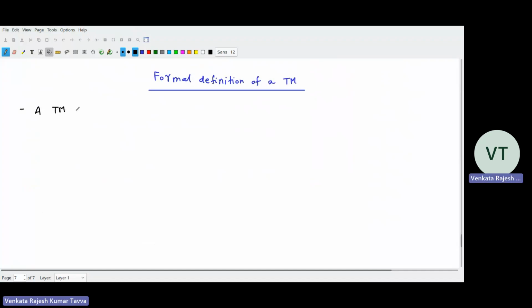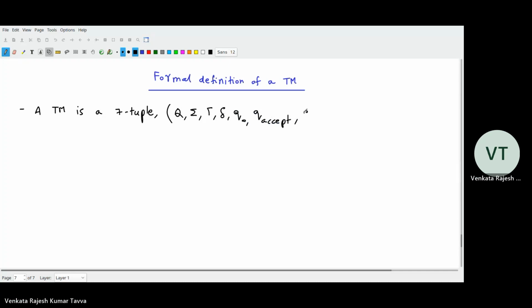A Turing machine is a tuple that is Q, sigma, gamma, delta, Q naught, Q accept, and Q reject. So this Q reject is the additional thing here. That's why it's a 7 tuple.